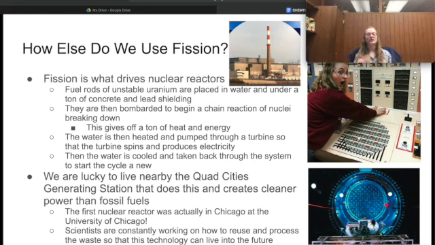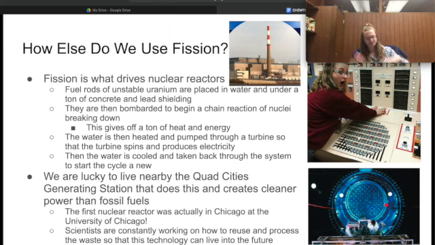However, that water gets super, super hot. The water is heated by the reactor, and that water is then pumped through a turbine so that the turbine spins, and it produces electricity when this turbine spins. The water ends up cooling down, we take it back through the system, and the cycle starts anew.